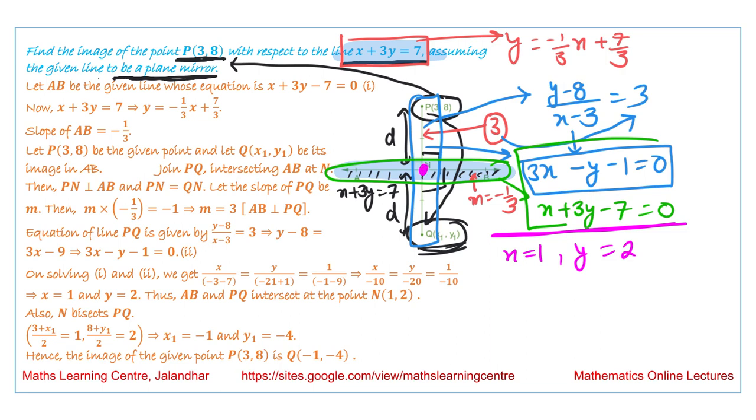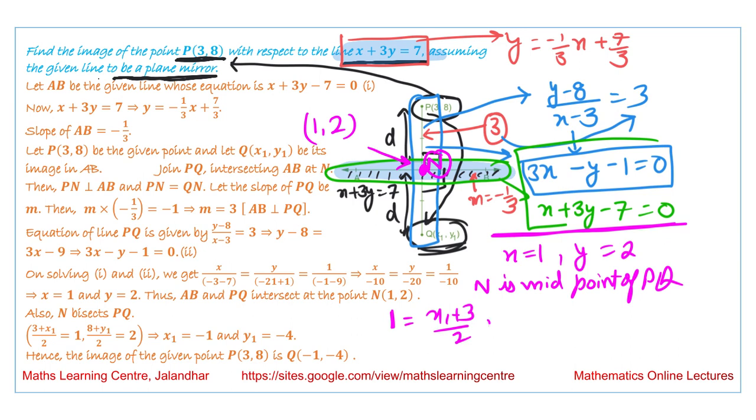We are talking about this point. We have obtained its coordinates, they are 1, 2. Now we know that this point N is the midpoint of PQ. So for this coordinate, 1 is equal to (x1 plus 3) by 2 and 2 is equal to (y1 plus 8) by 2.